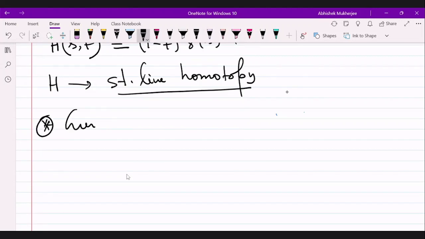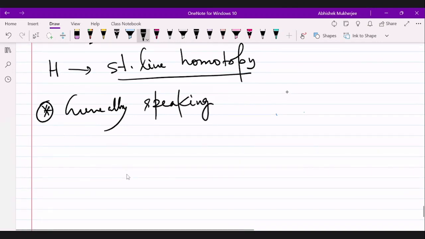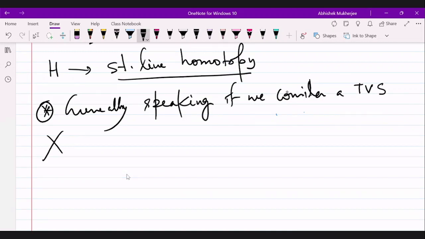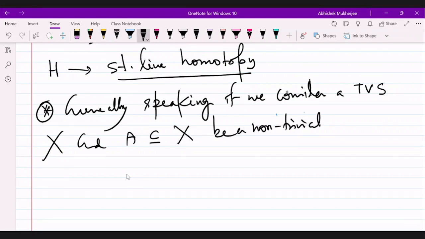So generally speaking, what we are assuming the space to be, so if we consider in general a topological vector space X and a subspace A of X, a non-trivial subspace, right?